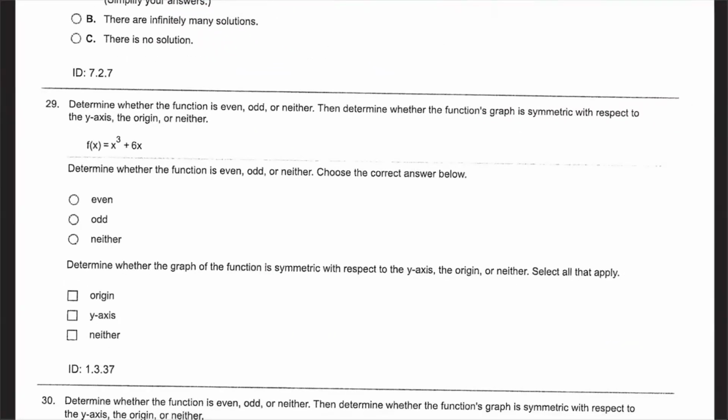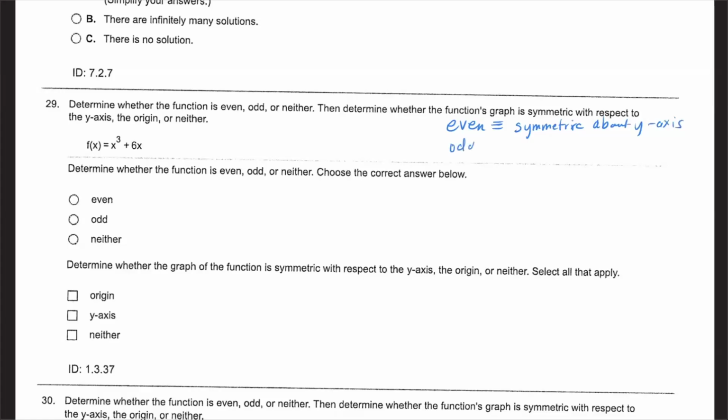All right, so determine whether the function for 29 is even, odd, or neither. Then determine whether the function's graph is symmetric with respect to the y-axis, origin, or neither. If the function is even, it is symmetric about the y-axis.